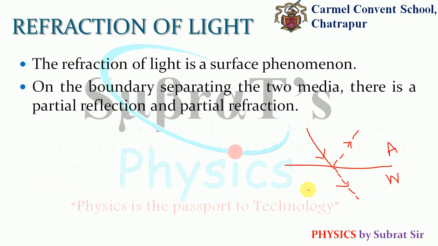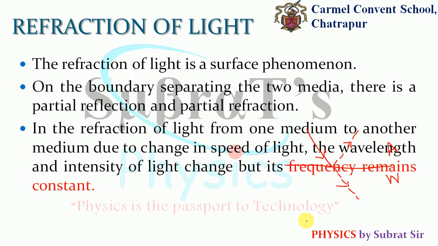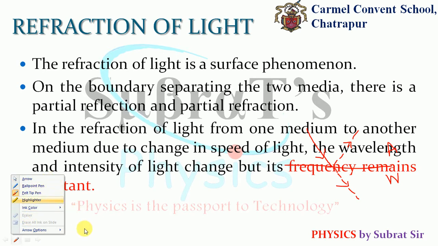Then, in the refraction of light from one medium to another medium, due to the change of speed of light, the wavelength and intensity of light change, but its frequency remains constant.